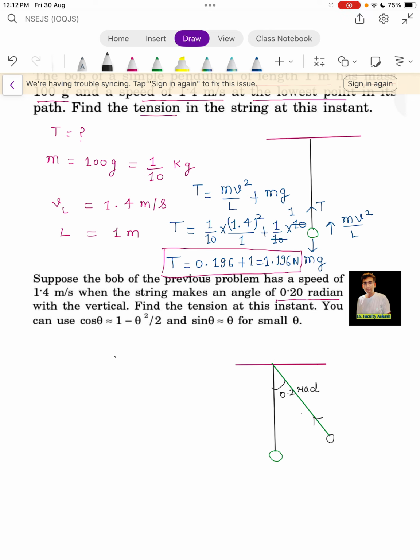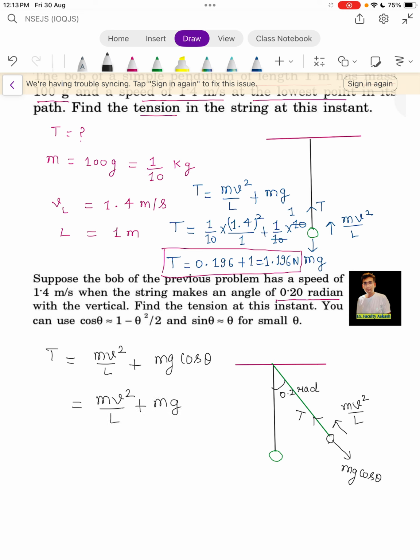Here will be the tension, here will be the component of weight which is mg cos theta, and in this direction will be centripetal force mv square by L, and therefore tension is given by mv square by L plus mg cos theta, or you can write it down as mv square by L plus mg.